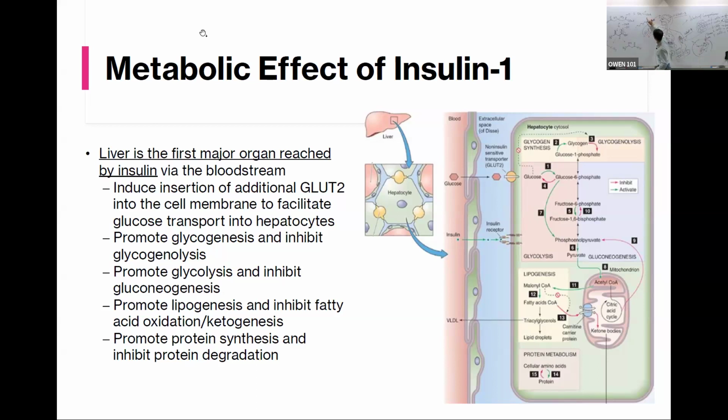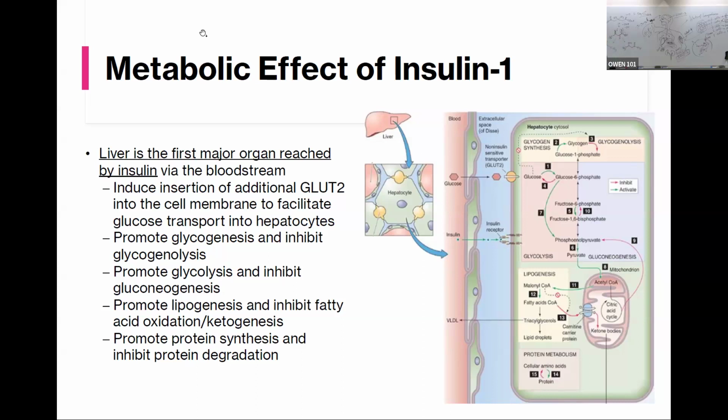So this one, actually, you can cut into 2 carbons each because it's made from 2 carbons. Then you get acetyl-CoA. So that's the reason why we are talking about lipolysis. So inhibit fatty acid oxidation. Yeah, so basically it comes from lipid. And then also promote protein synthesis and inhibit protein degradation.